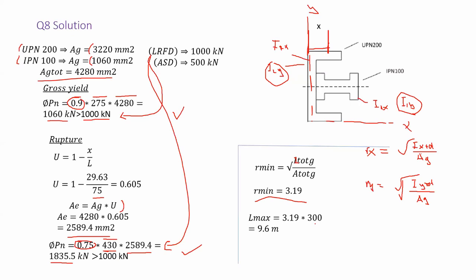So that's it for this question. Now I want to mention something. Sometimes we have this L max. Why do we have a maximum length for a tension member?